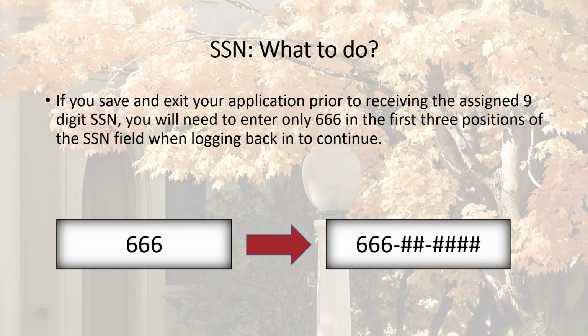But what do I do if I had entered the 666 number for a Social Security number and the system had not assigned me a full SSN yet? In that case, just enter 666 as your SSN again.